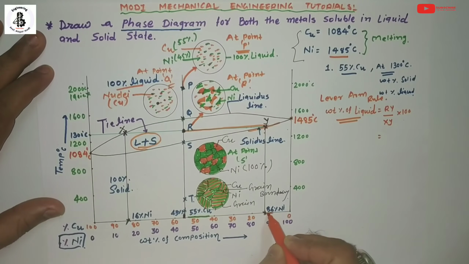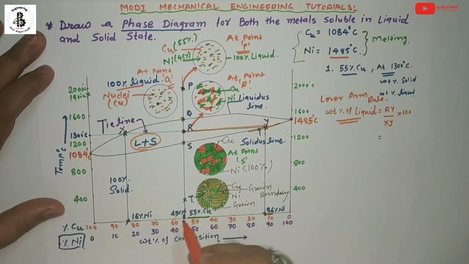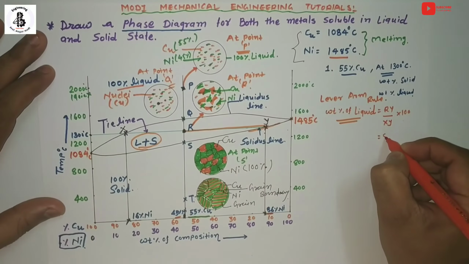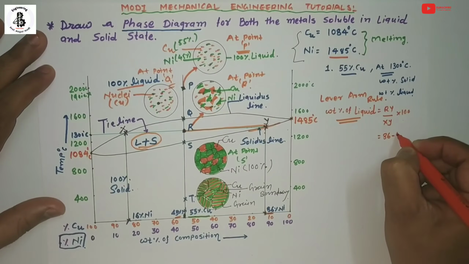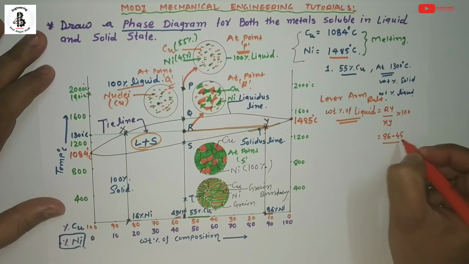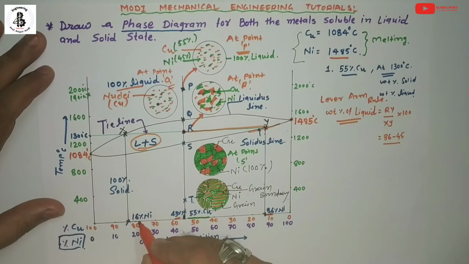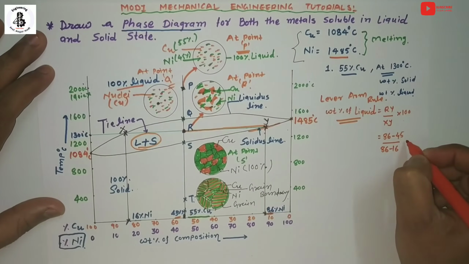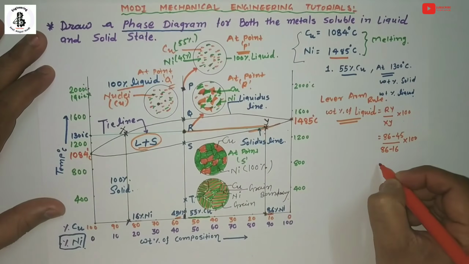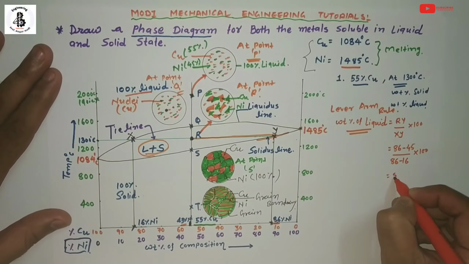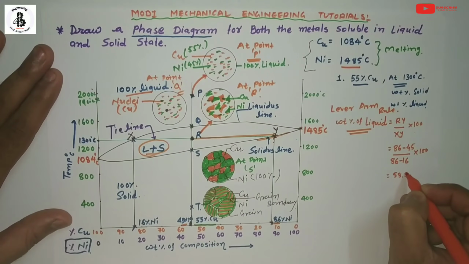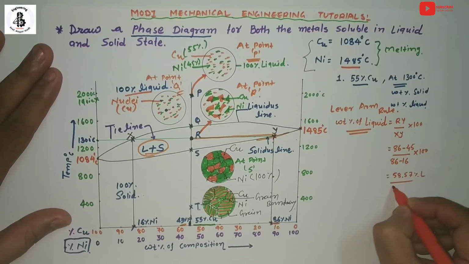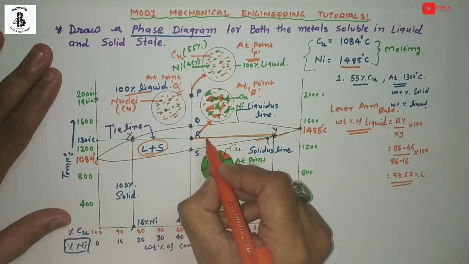Here that will be 86% nickel, and for R, 45% nickel. So 86 minus 45, divided by 86 minus 16, times 100. So around 58.57% of liquid is present at point R.